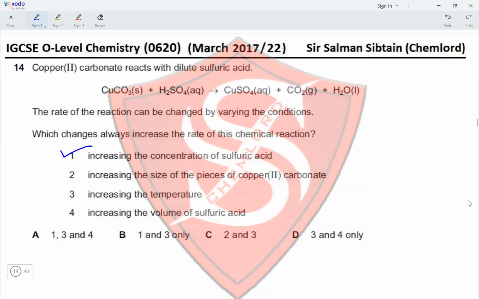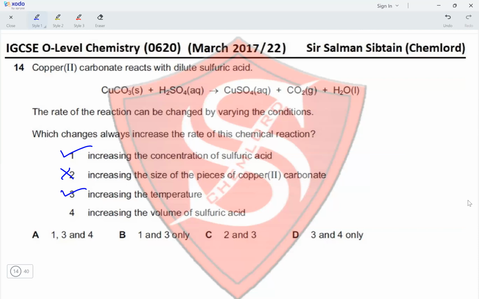Increasing the size of the pieces of copper carbonate would decrease the rate of reaction because this would decrease the exposed surface area. Increasing the temperature always increases the rate of reaction because all the particles present gain kinetic energy and collide more frequently with the other reactant particles, resulting in the product forming more quickly. So this is correct.